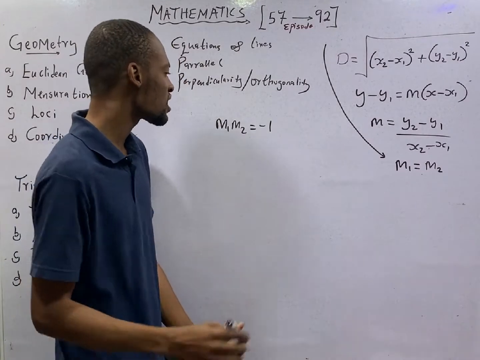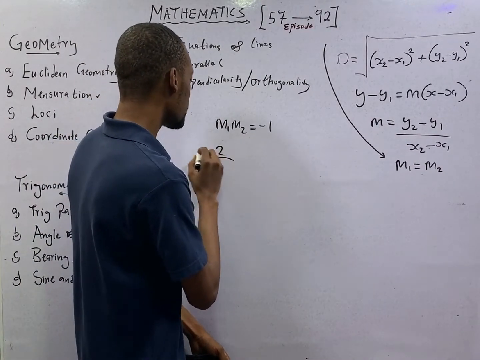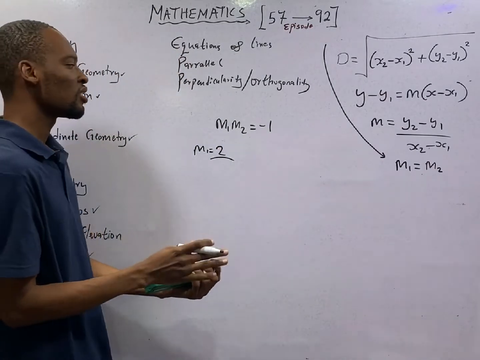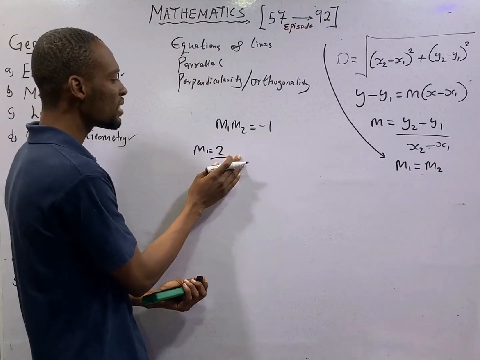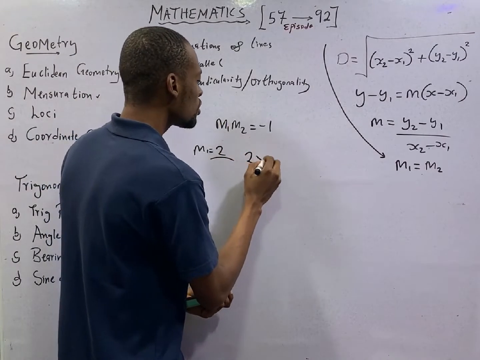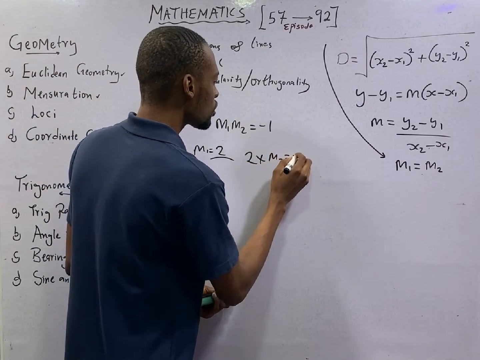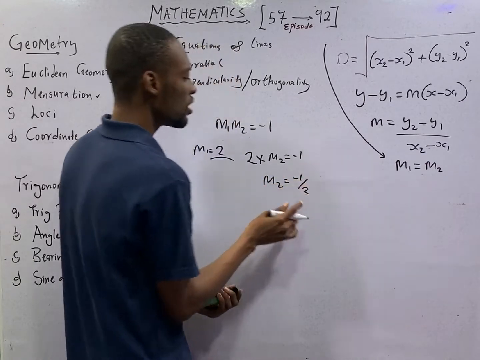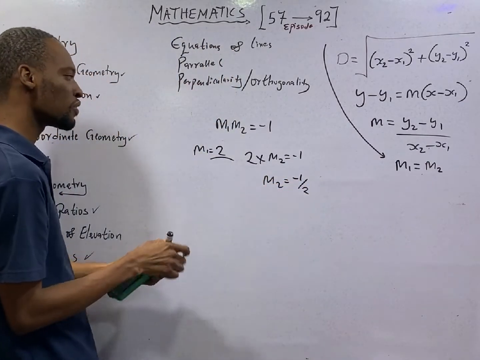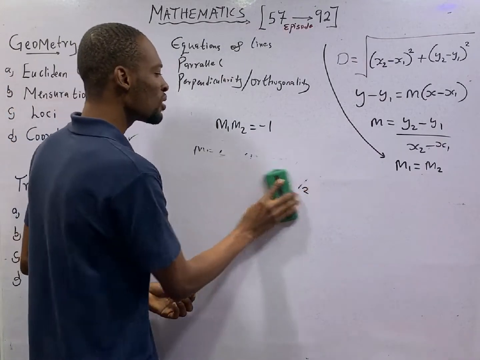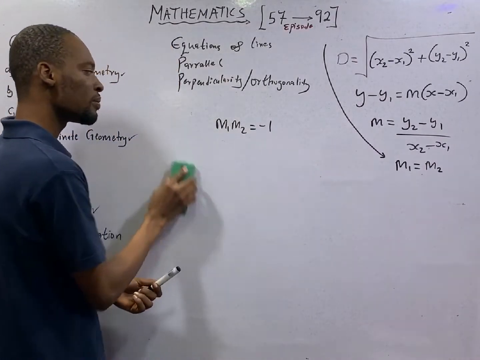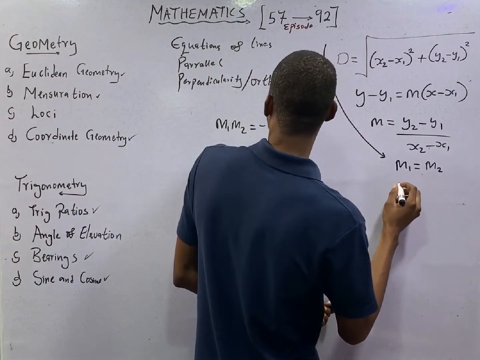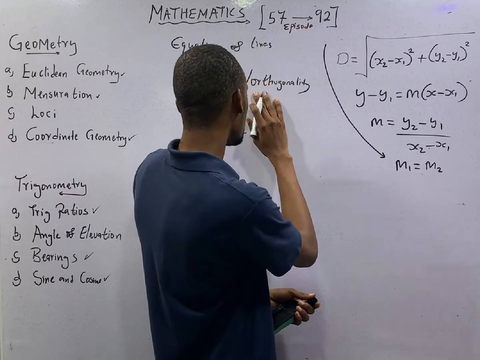If the first gradient is 2, that is if m1 is 2, in the second line, you will not use this gradient. You will simply say m1, 2 times m2 is equals minus 1. m2 is equals minus 1 over 2. This will now be the gradient you will use for the second line, because for perpendicular lines, they do not have the same gradient.